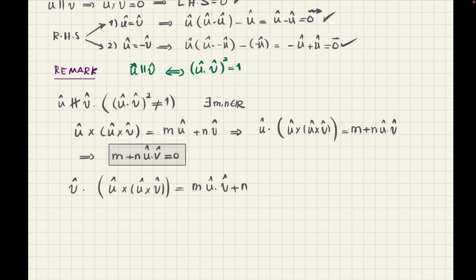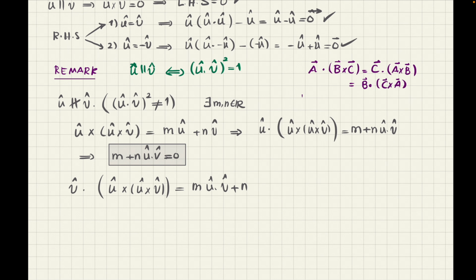What I want to use here is the cyclic property of the triple product. If I have three vectors a, b and c, then this combination is called the triple product of these three vectors. There is a property called the cyclic property of the triple product: I can write this equal to c dot a cross b, and I can also write it as b dot c cross a.